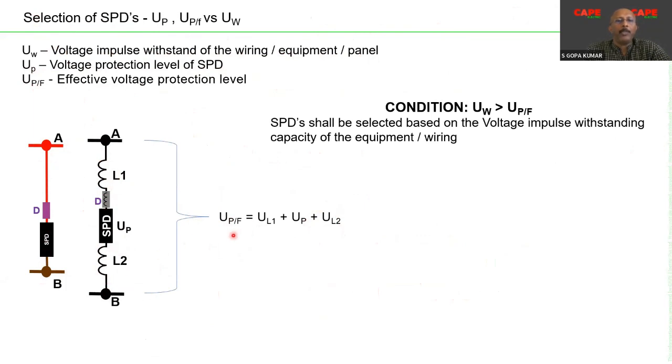So basically, the actual voltage going into your equipment, or the voltage which is threatening your equipment, is a combination of the entire voltage drop, or the potential difference, between the point A and B. The condition which we are supposed to meet is between UW and the UPF. We need to have a relation. This is very important. UW has to be always greater than the effective protection level. If the effective protection level is larger than the UW, of course your equipment will fail.